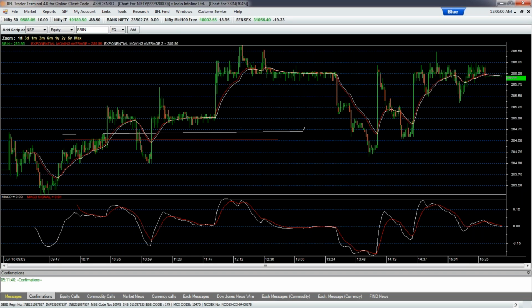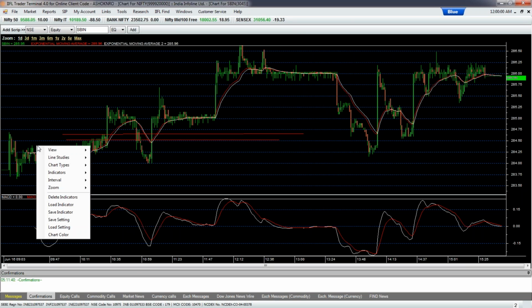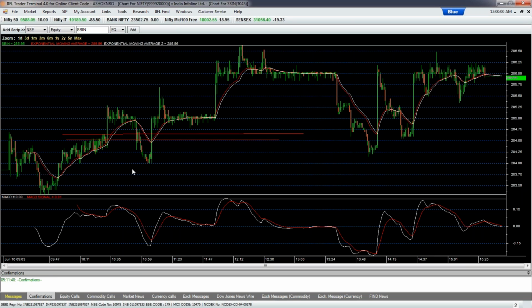It is this zone which it has broken, and afterwards it took support around these levels as well over here. And this is a true resistance zone as of now, right? It has shown resistance always right over here.